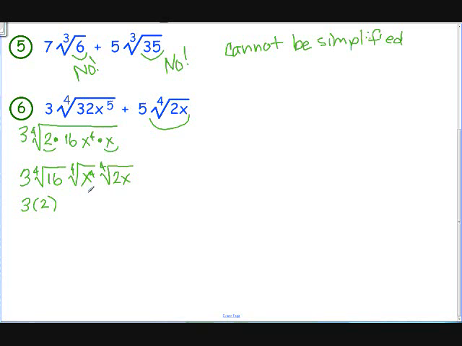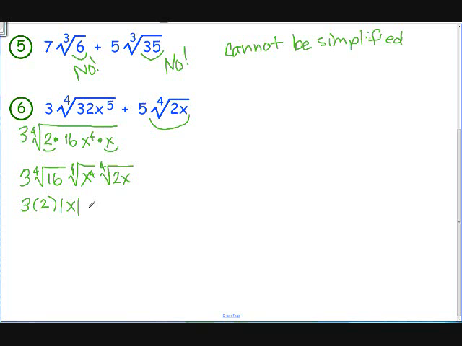And then the 4th root of x to the 4th is, of course, going to be x, but I've got an even root, and I don't know whether x is positive or not. So I'm going to have to force it to be positive, because we are dealing up here with a positive root, right? I can't let it go negative.